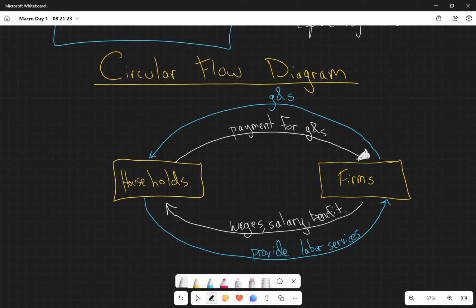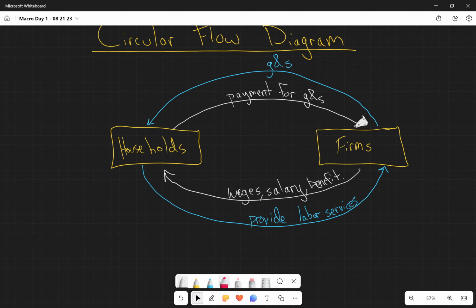So we show that households receive the goods and services, and they pay firms for them. And then in the labor market, households provide labor and receive payment from the firms through wages, salaries, and benefits. So we see that this bottom section here is going to be our labor market. That is hard to see, apologies.